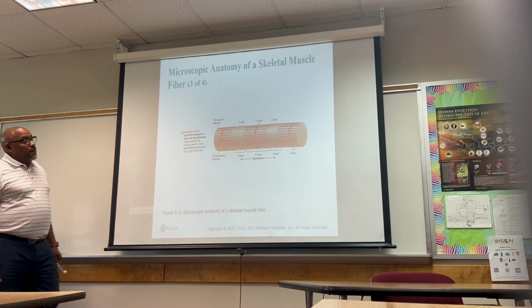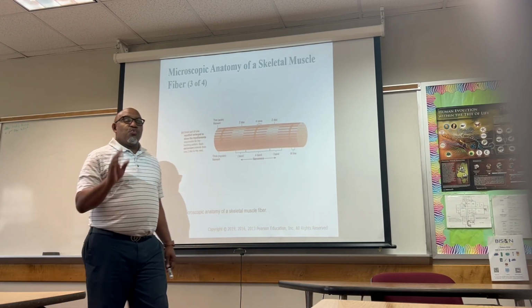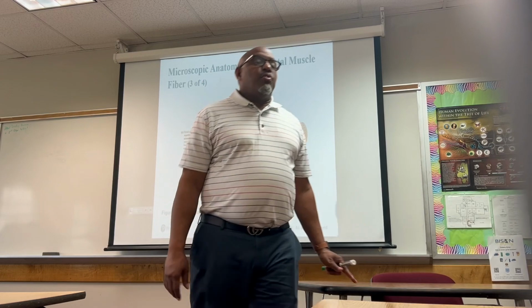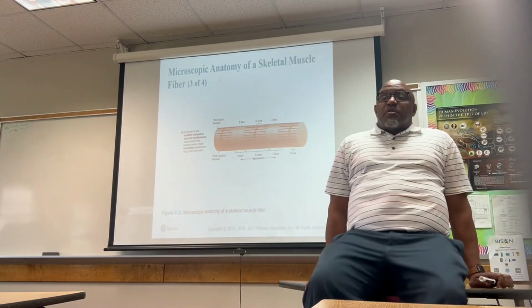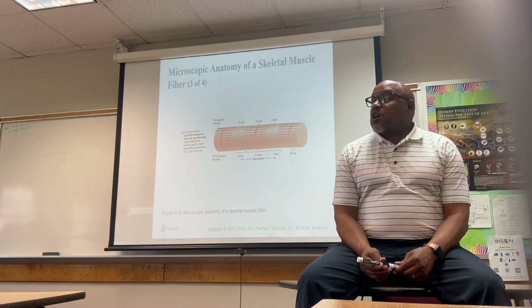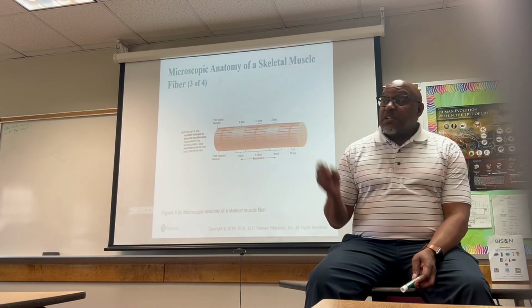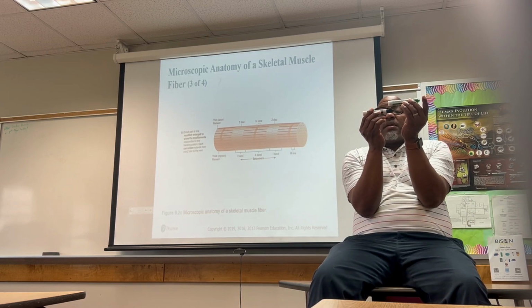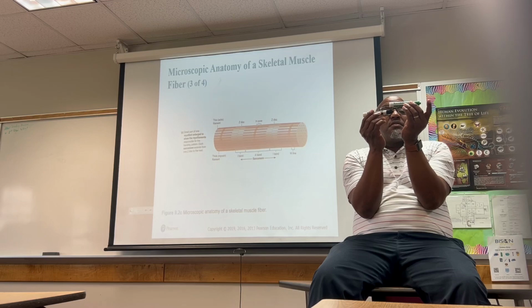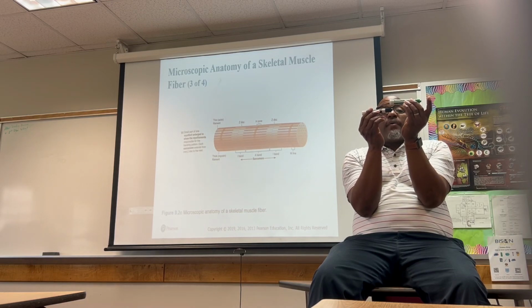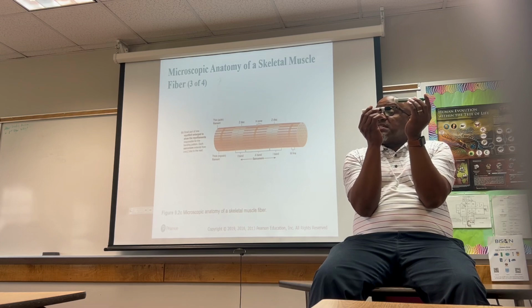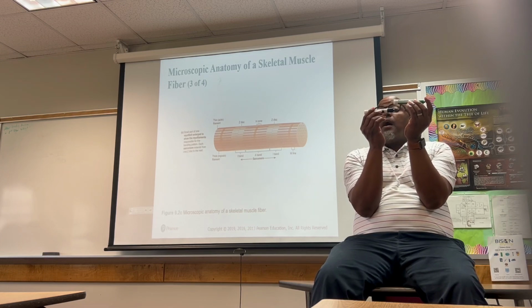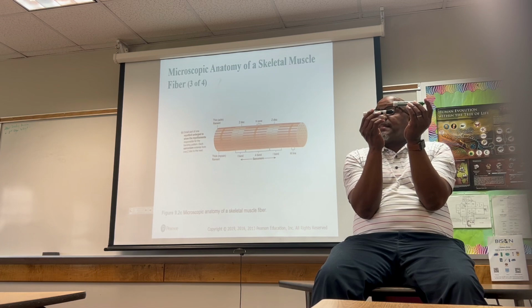Back to the picture here. A sarcomere, to show you what's important with sarcomeres. The blue protein, which we're going to talk about, is called actin, and the red protein that you see there is called myosin. These proteins overlap just a little bit when the muscle is relaxed. When a muscle contracts, the proteins do not shorten, but they overlap. They slide over each other.